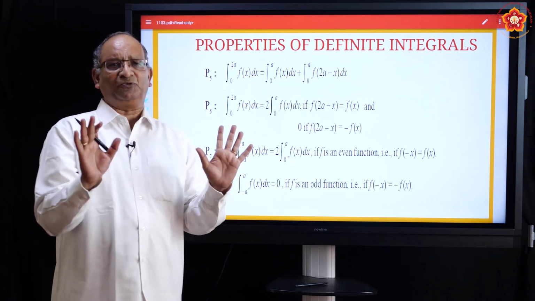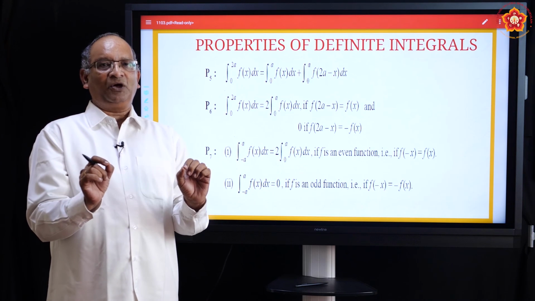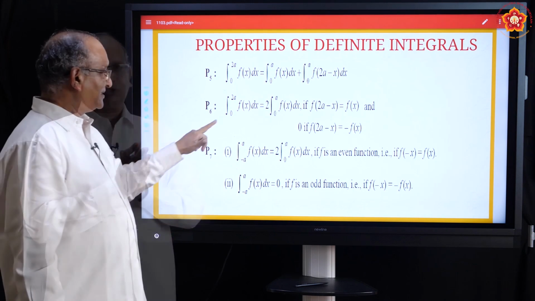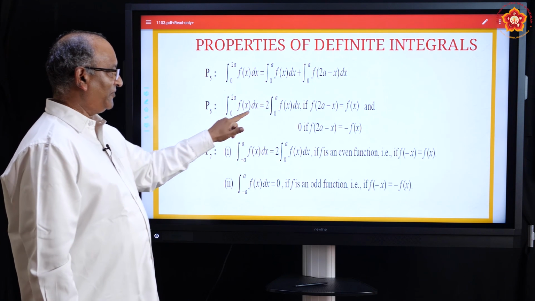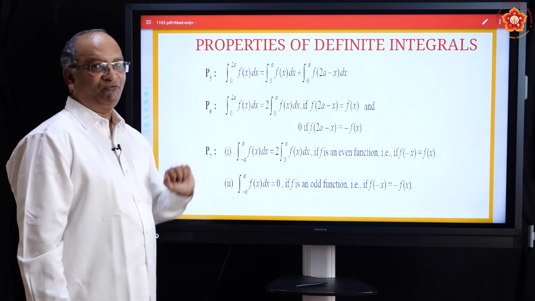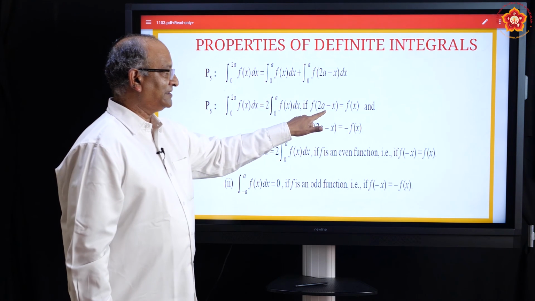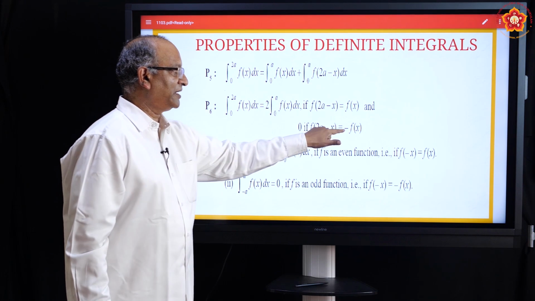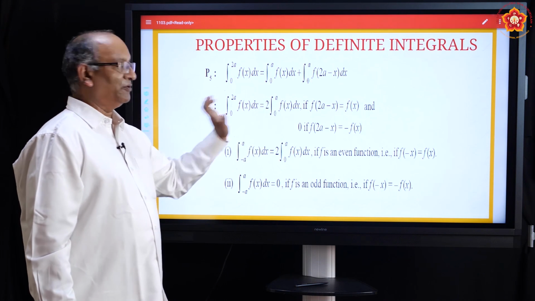Remember, all these proofs are based upon the fundamental theorem of integral calculus. This is very interesting because in one case it becomes 2 times, in another case the whole integral becomes 0. When f(2a−x) is f(x), it becomes 2 times. When f(2a−x) becomes −f(x), it becomes 0.